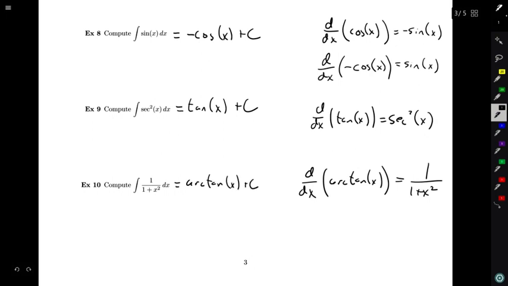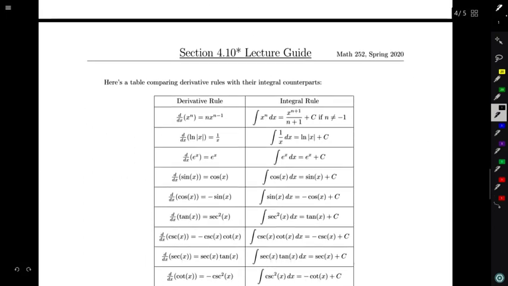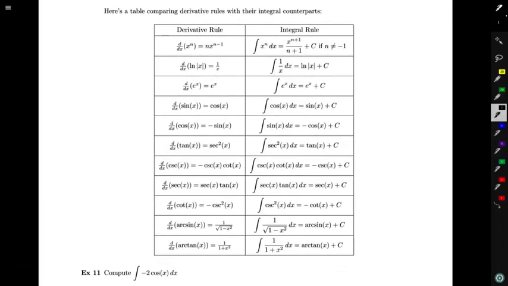plus c. So there are several other functions that we haven't talked about, and that's why we have this table here. This table describes a bunch of corresponding derivative rules with their integral counterparts. So we have here the power rule for derivatives and the corresponding power rule for integrals. Remembering that the power rule doesn't work if n is minus 1 here.